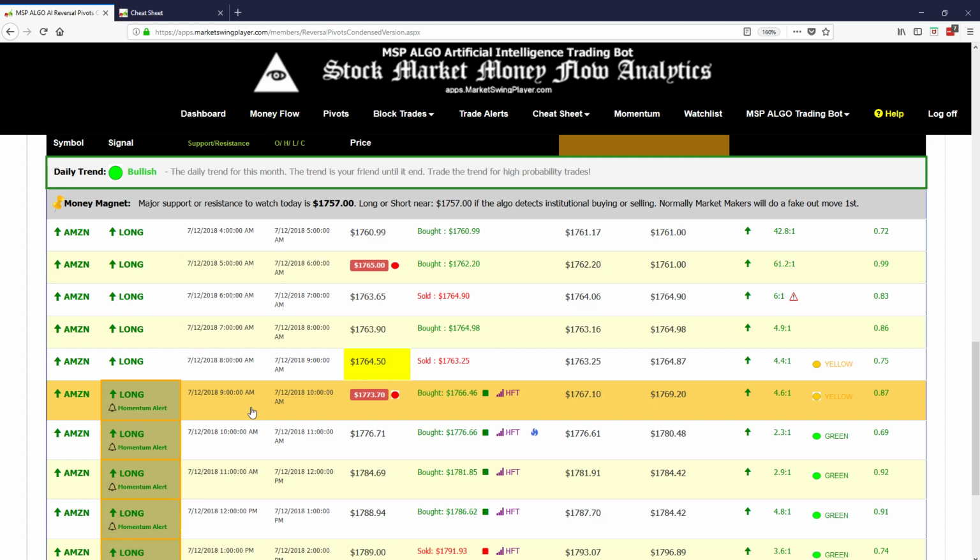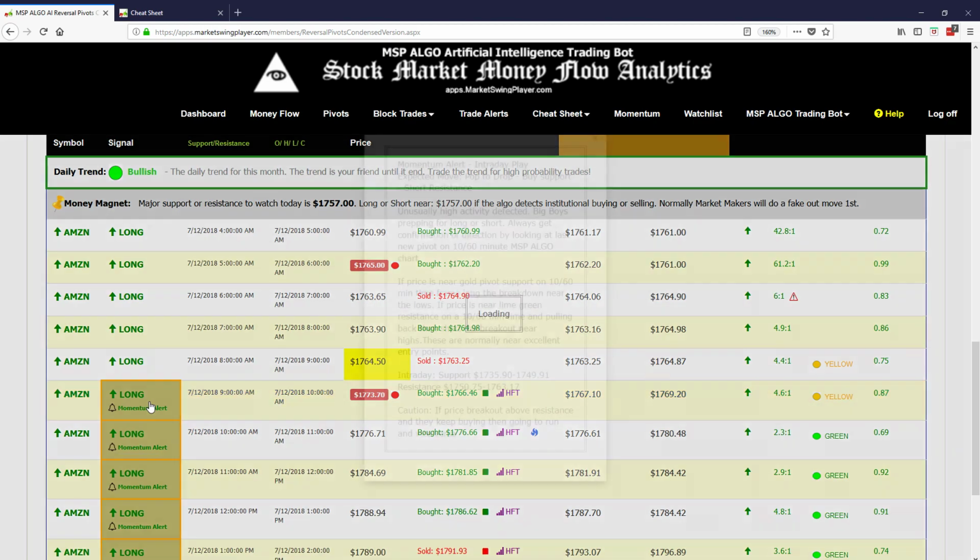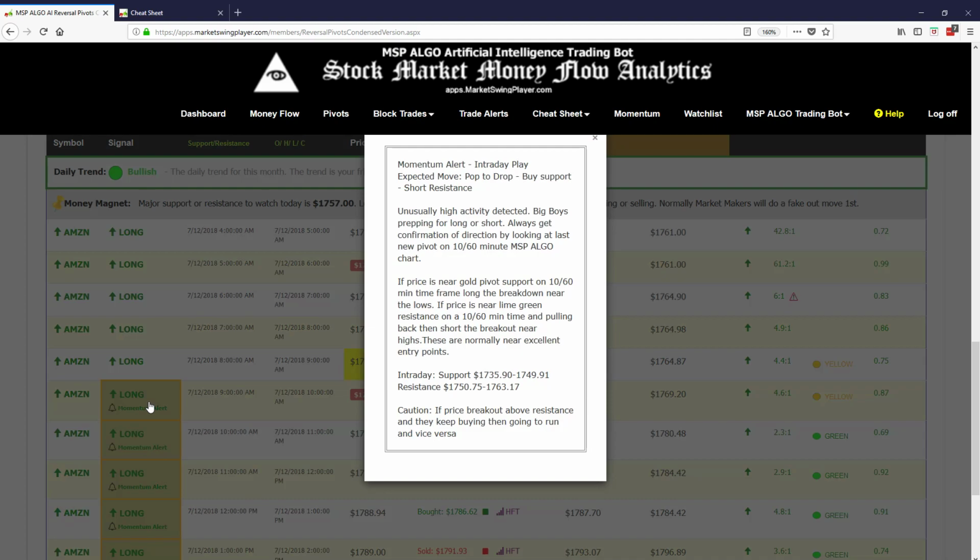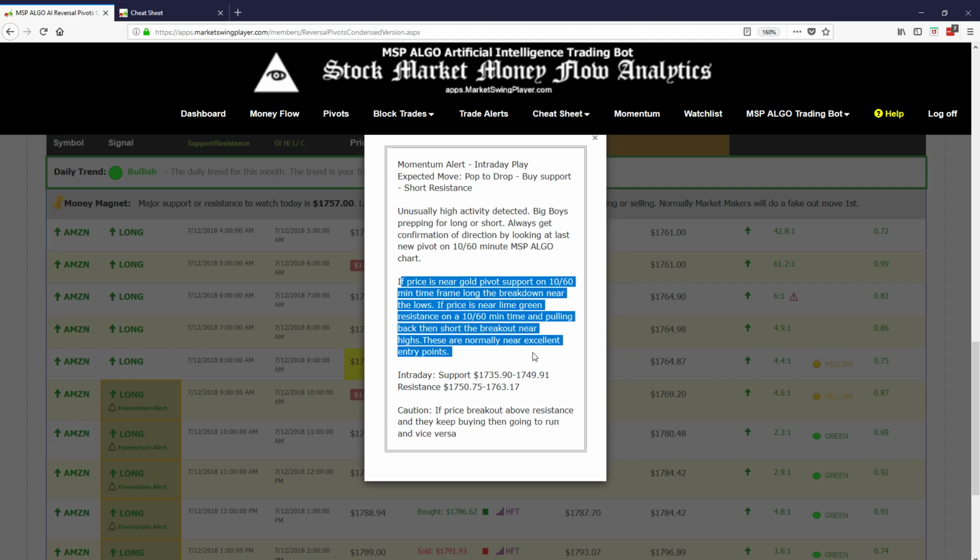Okay, so at 9 a.m. to 10 a.m. I do see I got a momentum alert. I'm going to click on that and see what it has to say. It says expected move intraday momentum alert, pop to drop, buy support, short resistance, high activity detected, and it wants me to look at the chart to see if price is near support or resistance as confirmation.